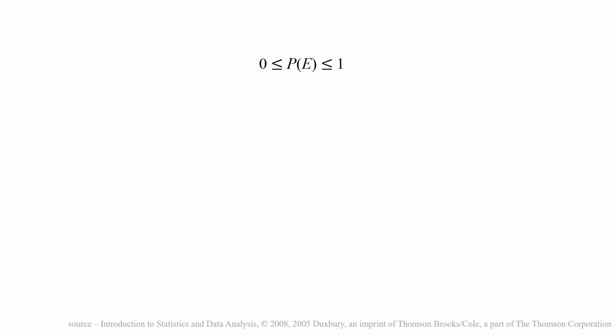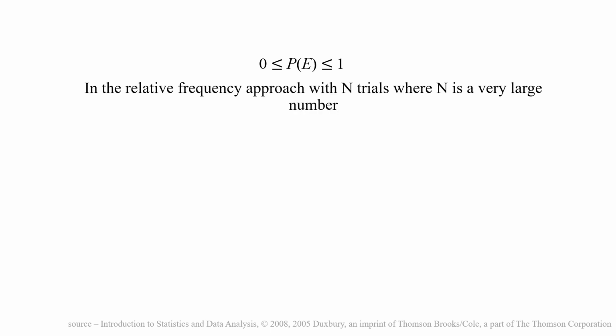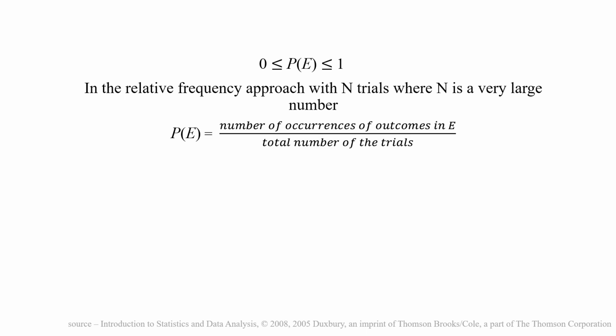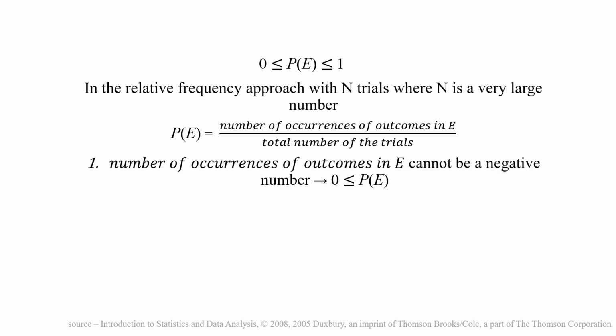Basic property number 1 is, for any event E, probability of E is greater than or equal to 0 and less than or equal to 1. In the relative frequency approach with n trials, where n is a very large number, probability of E is defined as the ratio of number of occurrences of outcomes in E to the total number of trials. Number of occurrences of outcomes in E cannot be a negative number, and hence the probability of E has to be a number greater than or equal to 0.